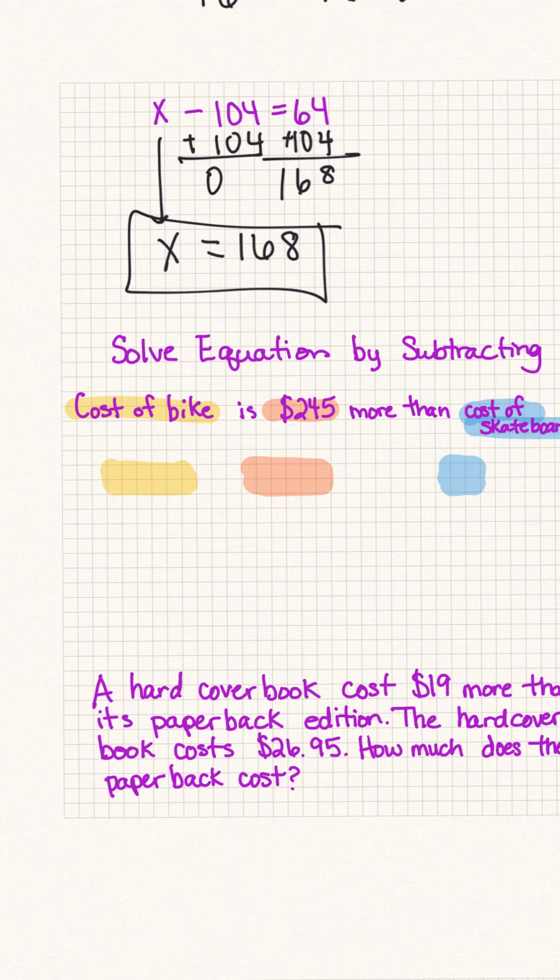Solve an equation by subtracting. Your friend's mountain bike costs $245 more than his skateboard. His mountain bike costs $290. How much did your friend's skateboard cost? The cost of the bike I just read was $290.